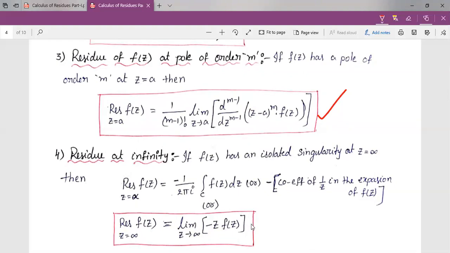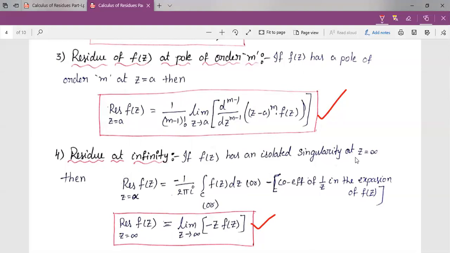This is one of the formulas for finding the residue at infinity, and another one is from the Laurent series expansion. We know that from the Laurent series expansion, the coefficient of 1/(z − a) is called the residue of the function at z = a.